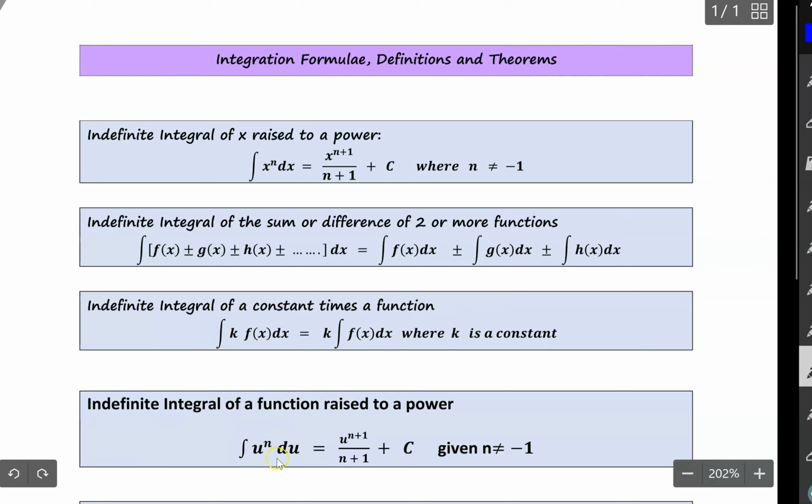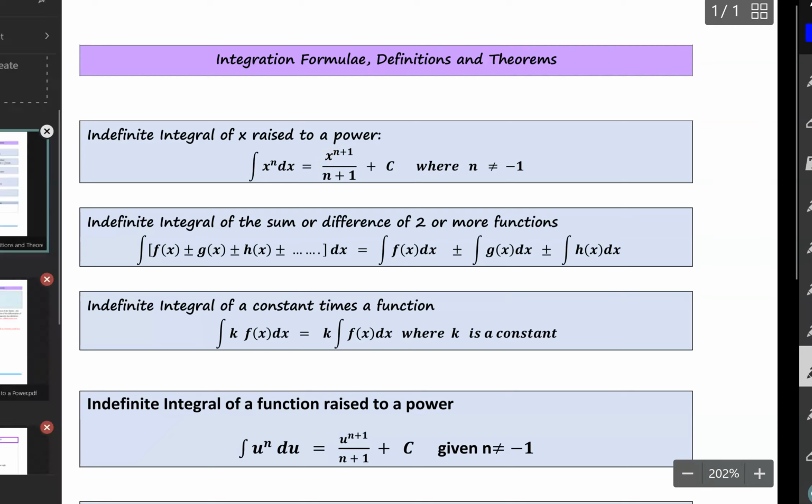Because of u, you have to multiply that with the differential factor of u. Differential factor means that you multiply by the derivative of u. So far we have learned only these two formulas and also these two properties of integration.